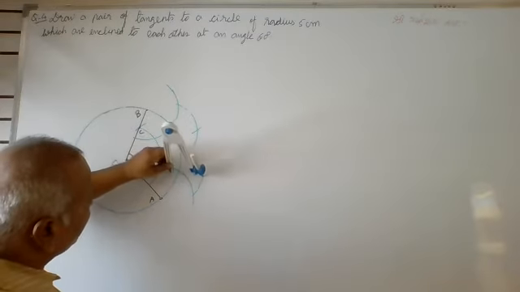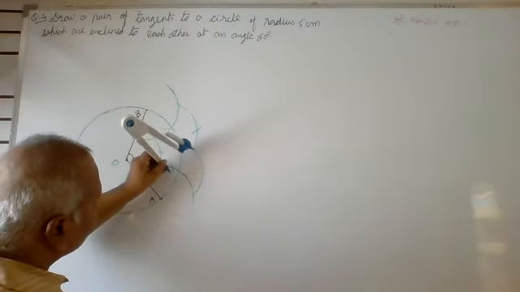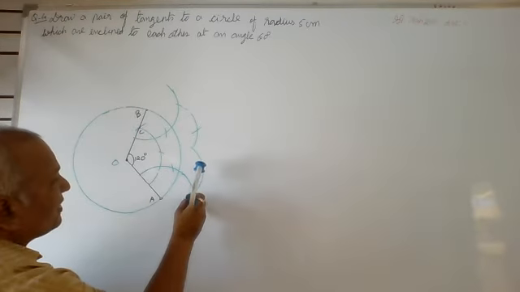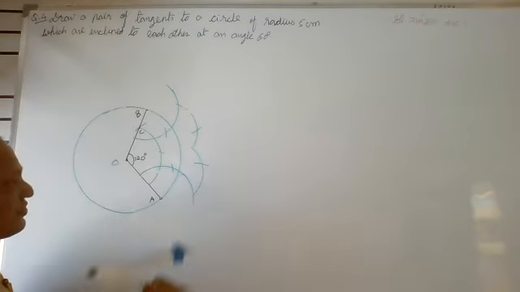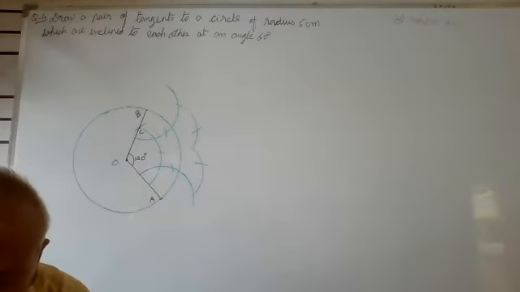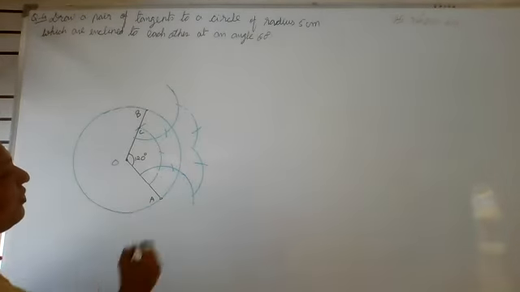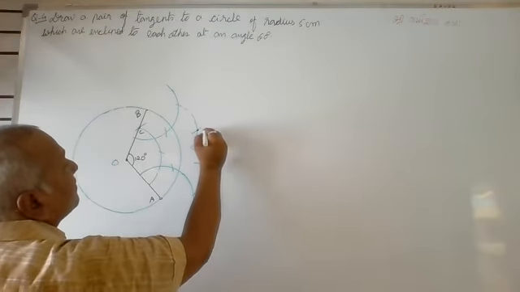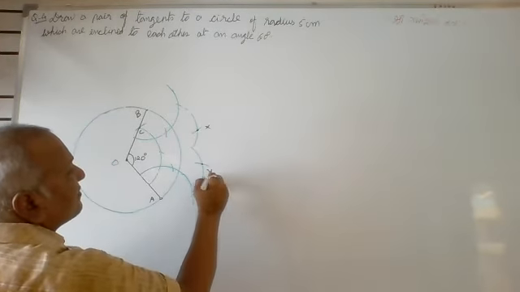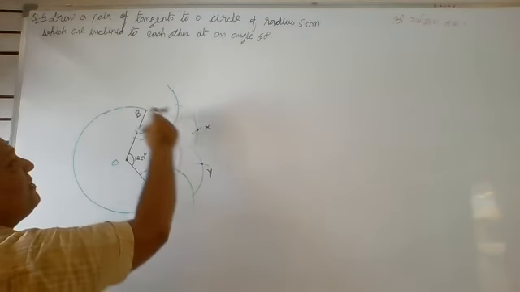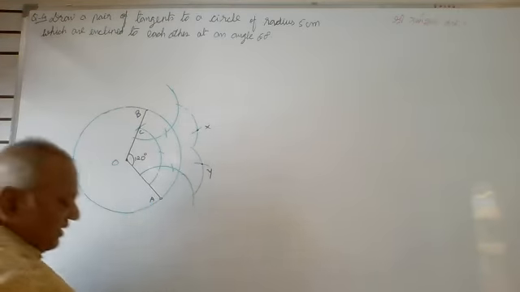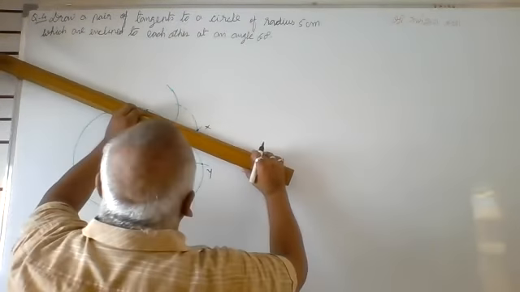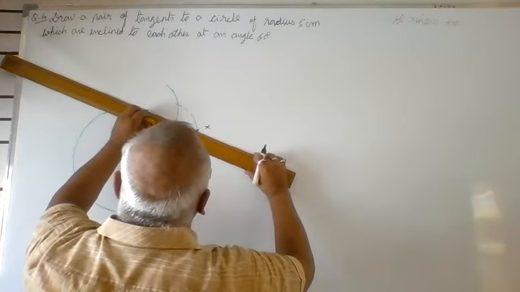It should be extended like this, and by the intersecting point we should get another intersection. Where both the arcs intersect, we have to draw the tangents. It will be, we can say, X and Y. So BX and AY we have to join. It will be the required tangents.